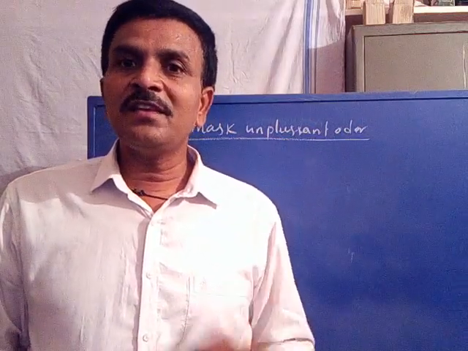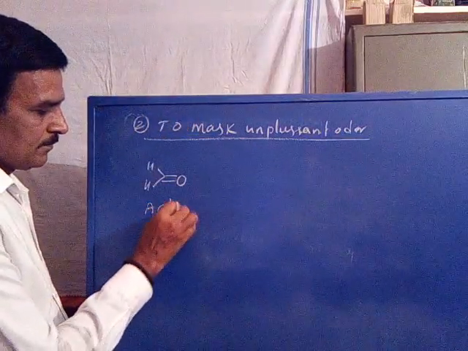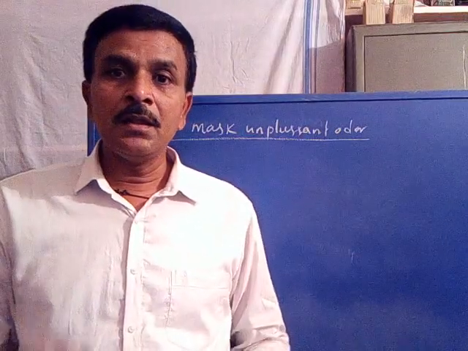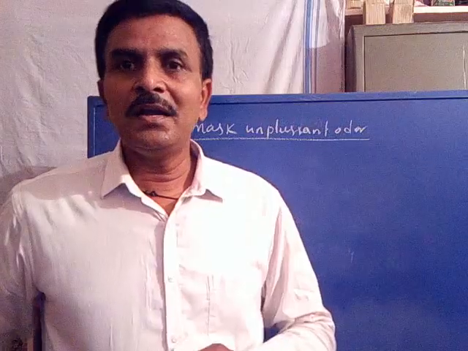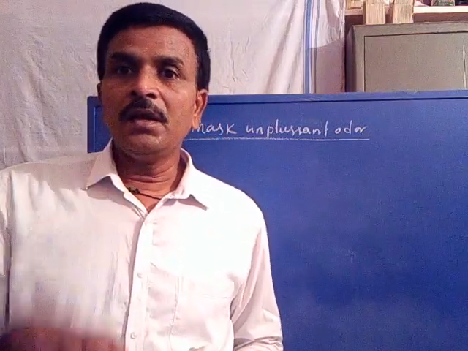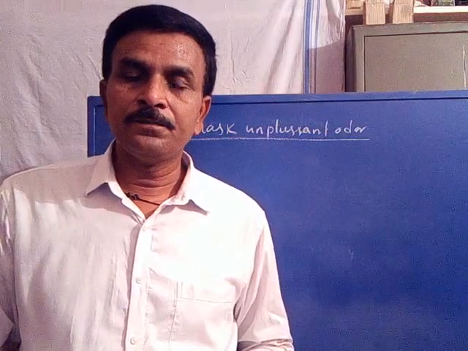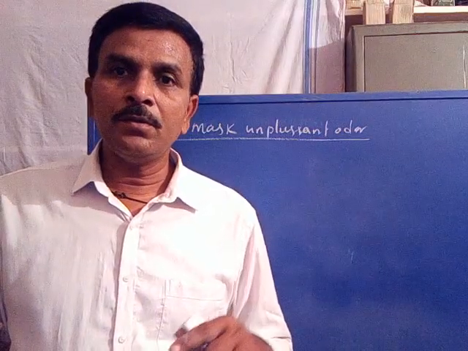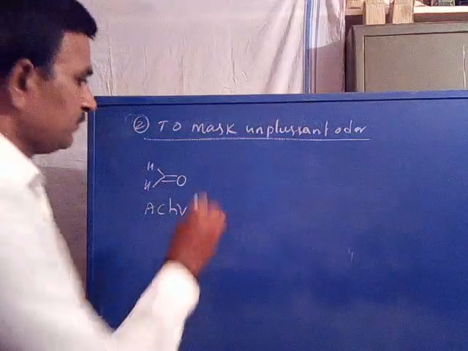But it possesses a pungent odor, so this is the active agent for antifungal activity for the treatment of GI tract fungal disease. Now because of its pungent odor, it is unable to be applied through the mouth. Is it clear? Now it is transformed into its trioxane form by the process of polymerization.